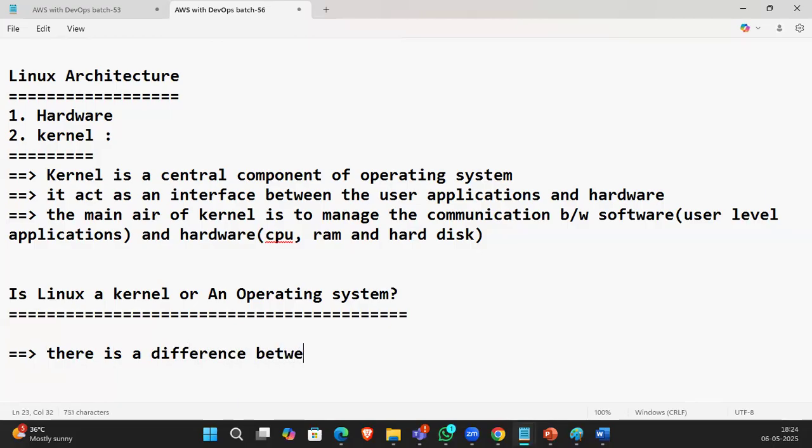There is a difference between kernel and OS.